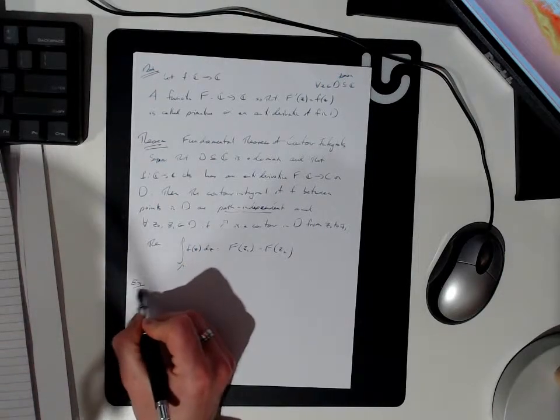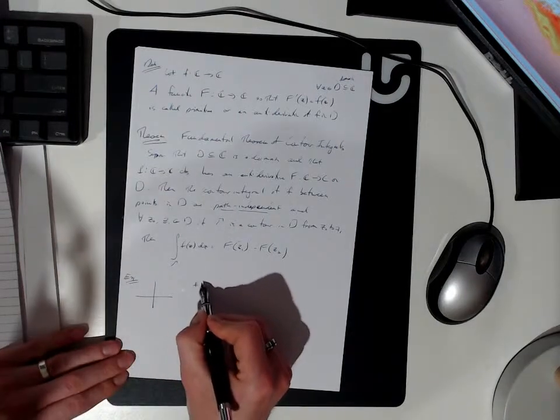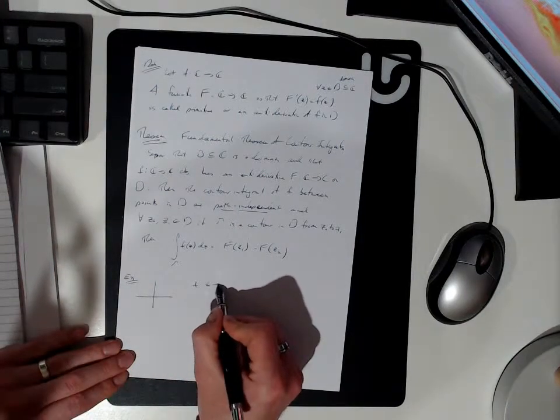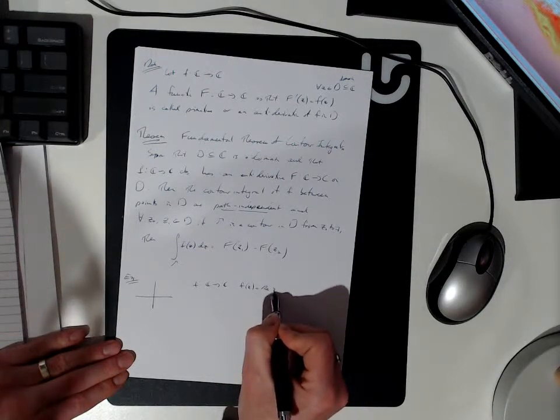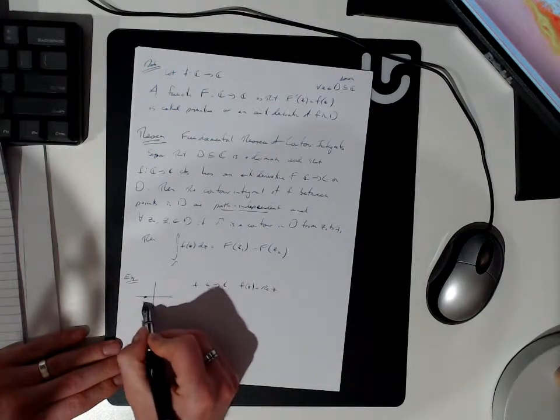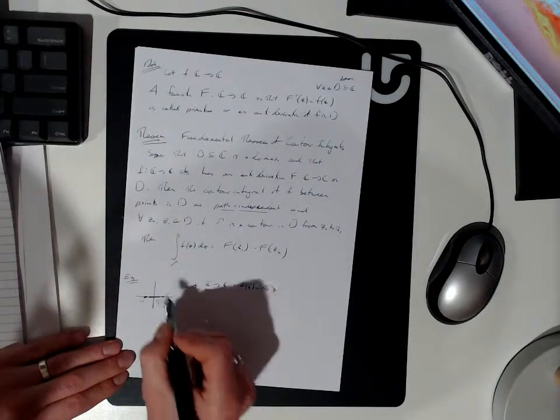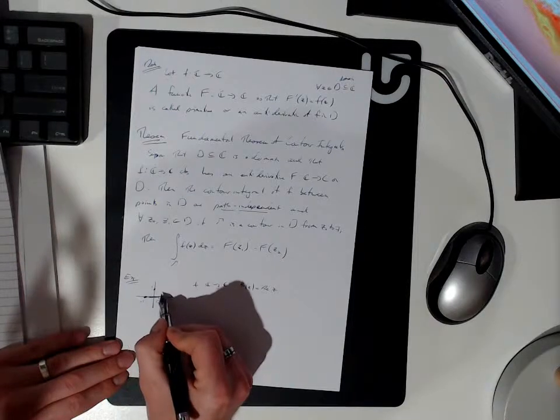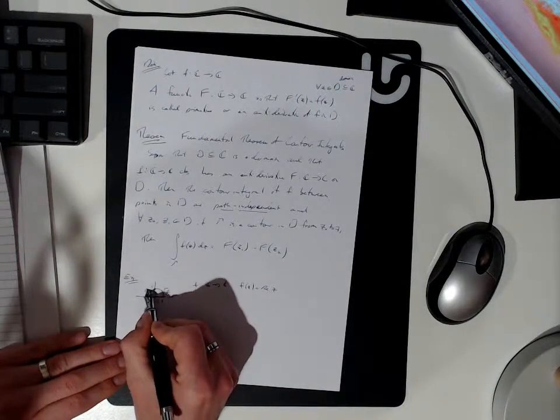Right, back to an example. We have the function f from the complex numbers to the complex numbers given by f of z is the real part of z. We have the integral from minus 1 to i, with contours gamma 1, gamma 2, and a straight line gamma 3.